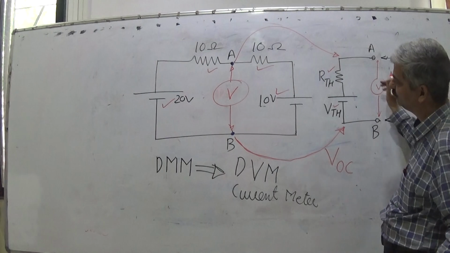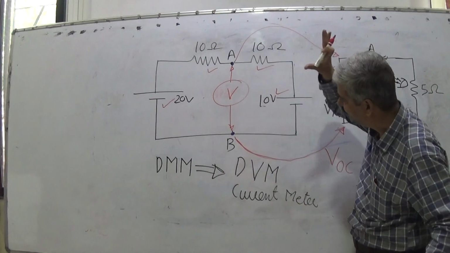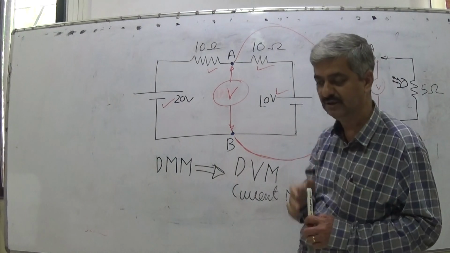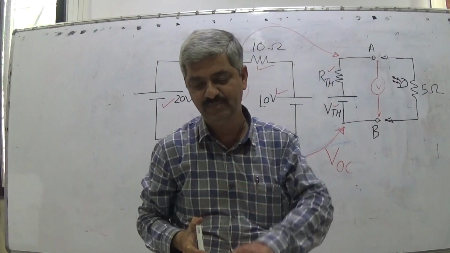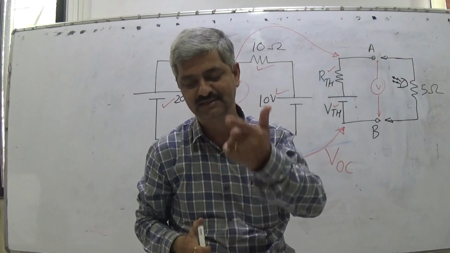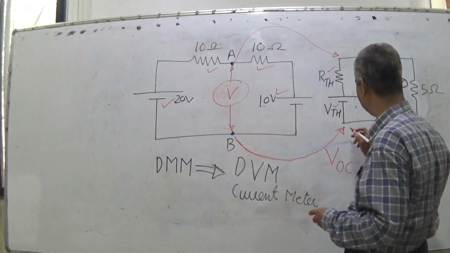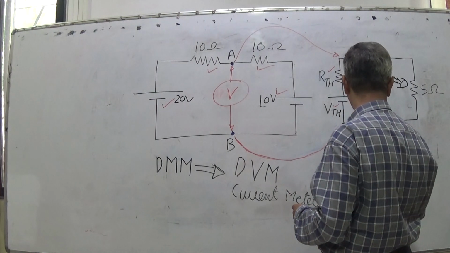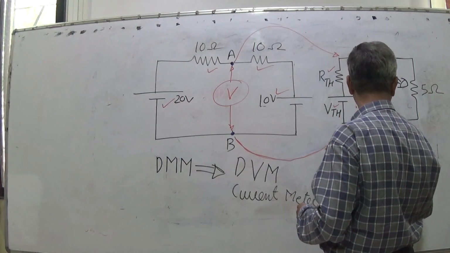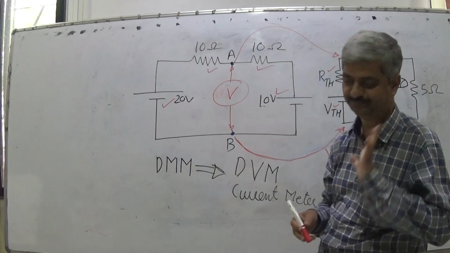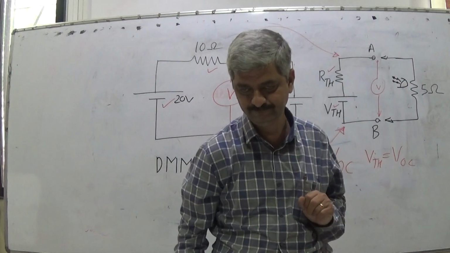So whatever reading you get between A and B, the voltage between A and B when nothing is connected between them, is the Thevenin's equivalent voltage. So VTH, which we have to find out, is V open circuit. So that we have found.